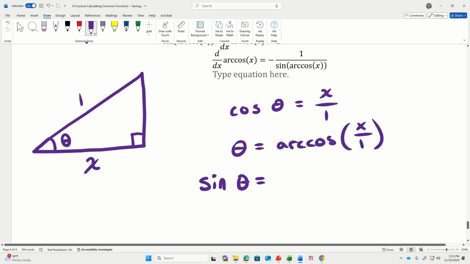Now that I want sine of theta, I need the opposite over hypotenuse. So I need this side, and what's the opposite side length? I've got to use the Pythagorean theorem to find that this is the square root of 1 minus x squared, divided by 1.